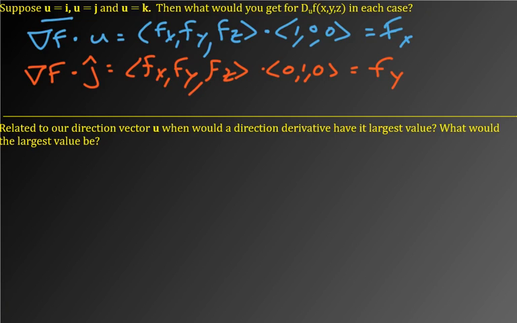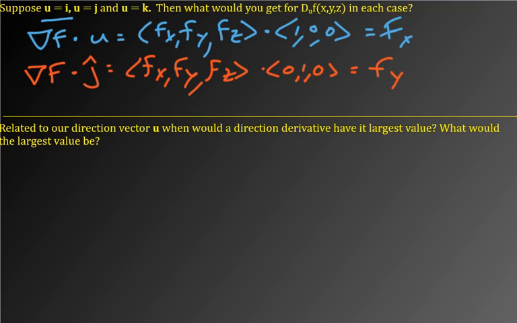So that's just a good conceptual thing to see, that the partial derivatives we've been working with are truly just directional derivatives, just directions along the axes we're used to.